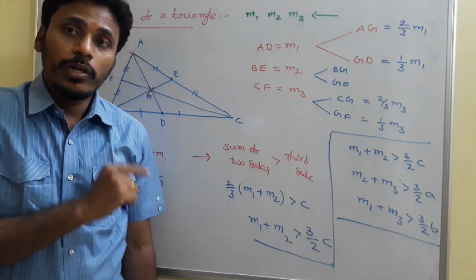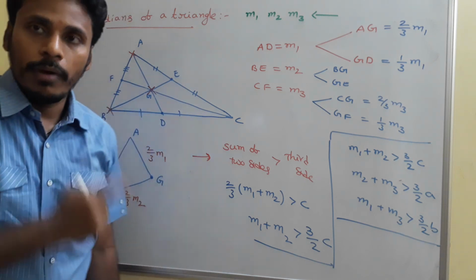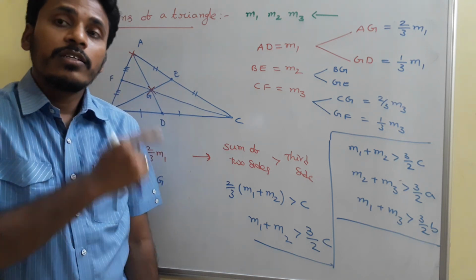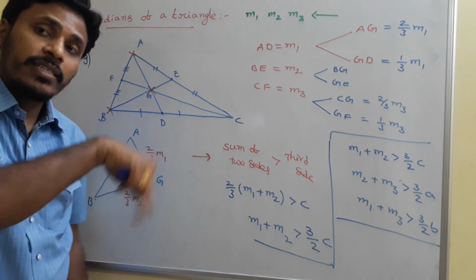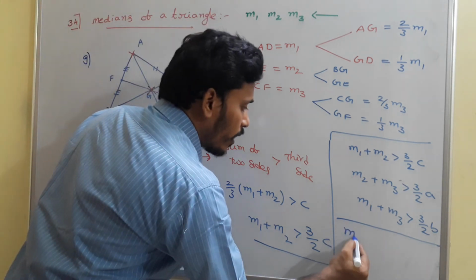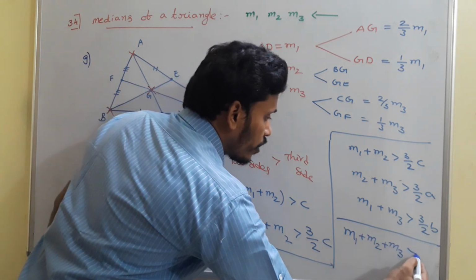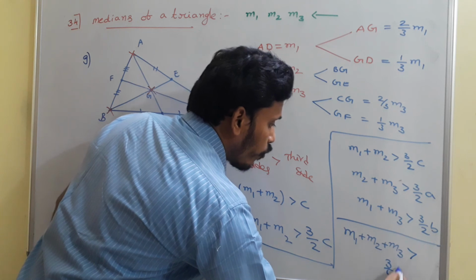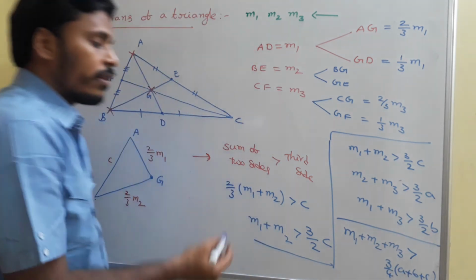Separating the 2 and sending it to the other side, it is clear that m1 plus m2 plus m3 is greater than 3 by 4 times A plus B plus C. Here I have no space, that's why I mentioned it like that.